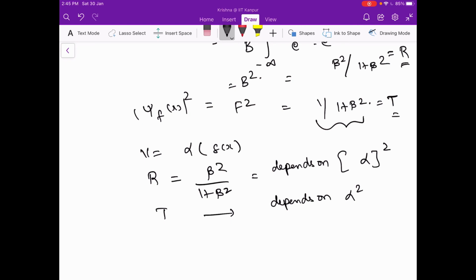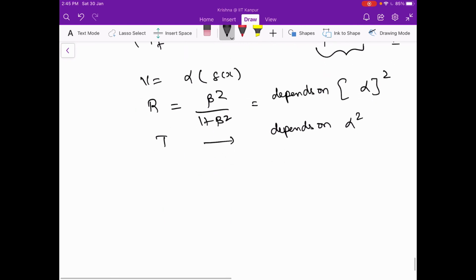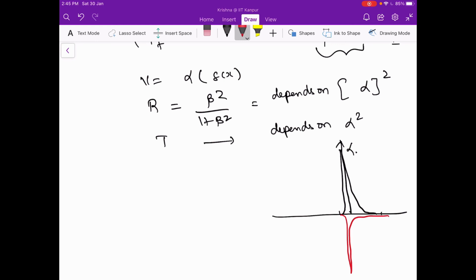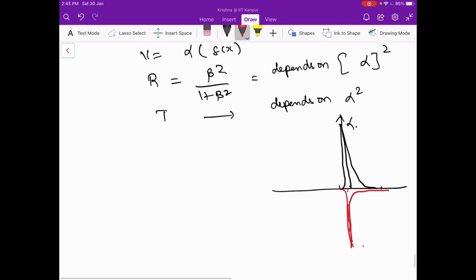So basically, the particle cannot differentiate if the potential is like this, positive α, or the potential is negative, minus α. So any particle which is trying to cross a barrier α, obviously the intensity of α determines whether it is going to be transmitted at a higher probability or not, right?